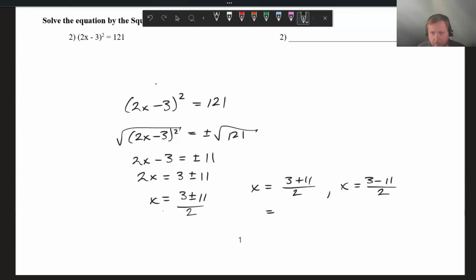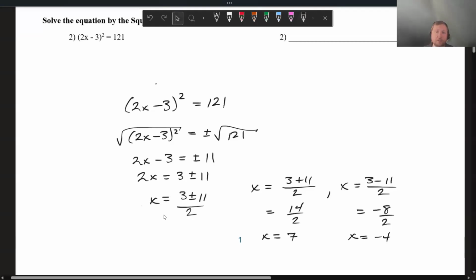So now 3 plus 11 over 2, so that's 14 over 2, which is 7. And then 3 minus 11 over 2, so that's going to be -8 over 2, which gives me -4. Okay, so my solutions are 7 and -4.